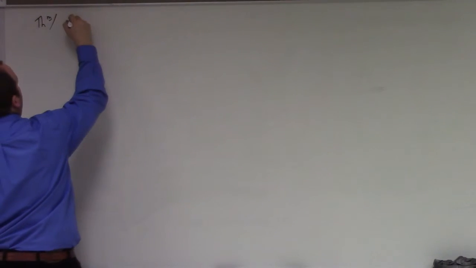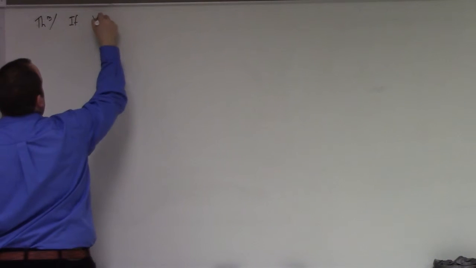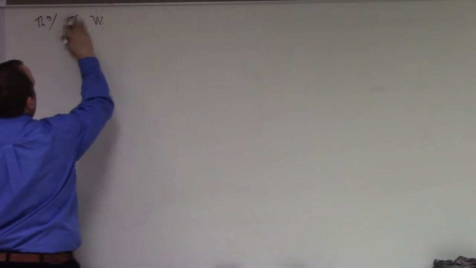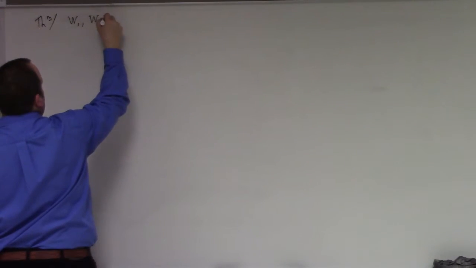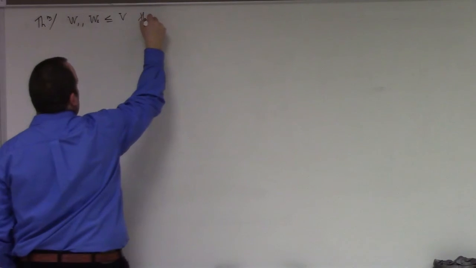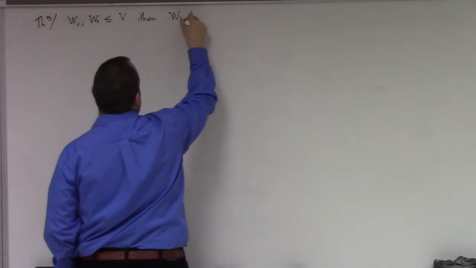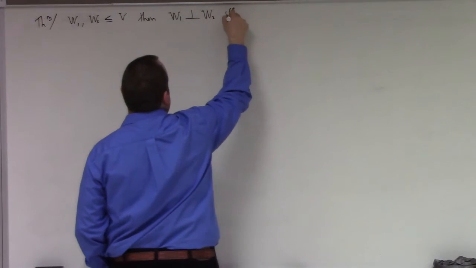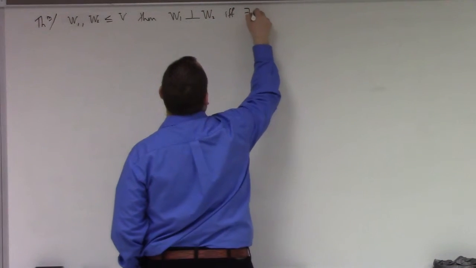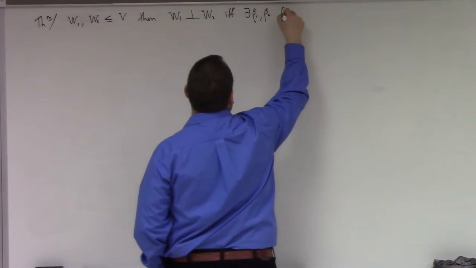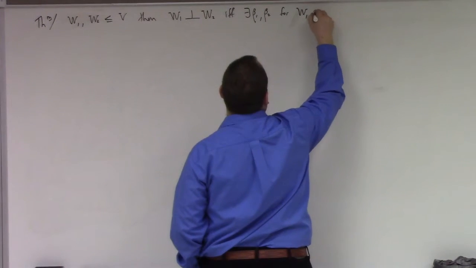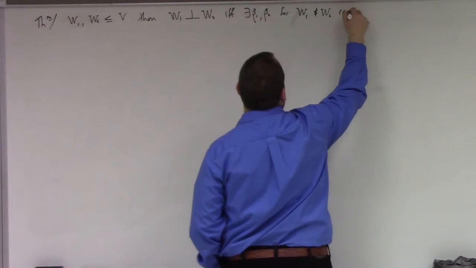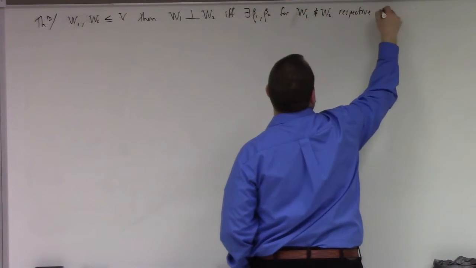All right. Another little theorem. If W1, W2 are subspaces of V, then W1 is perpendicular to W2 if and only if there exist bases beta 1 and beta 2 for W1 and W2 respectively, such that what?